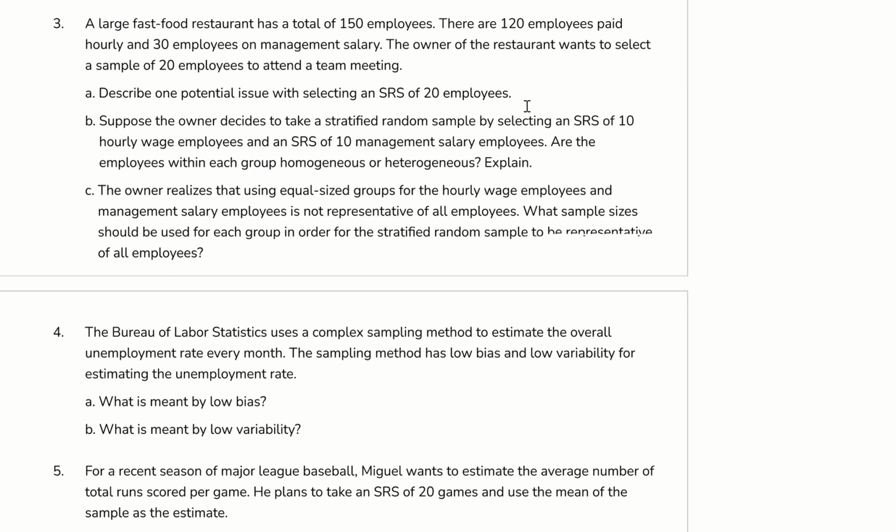So in fact, we have 120 employees that are paid hourly. If you think about it, you have a greater chance of selecting those 120 employees, given the number of employees that get paid hourly. And so what you want to do is break them into groups.